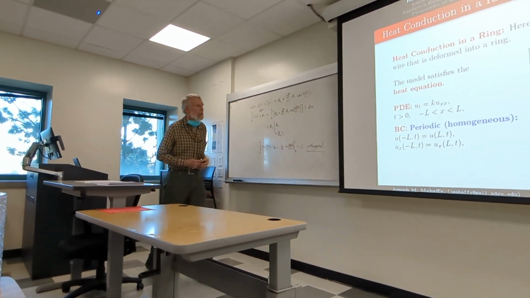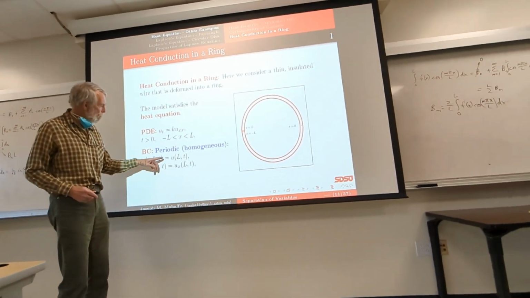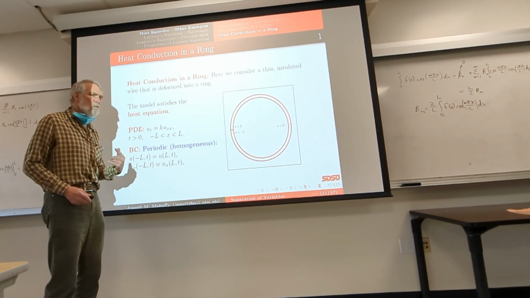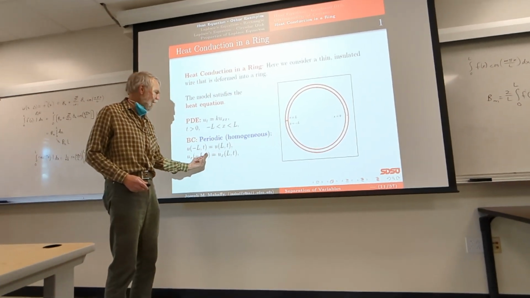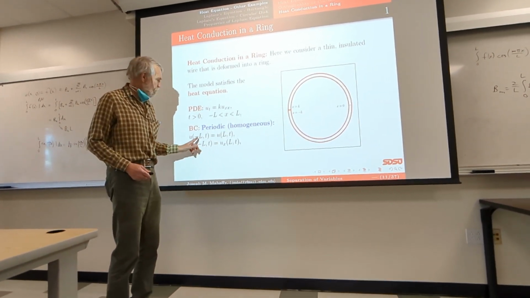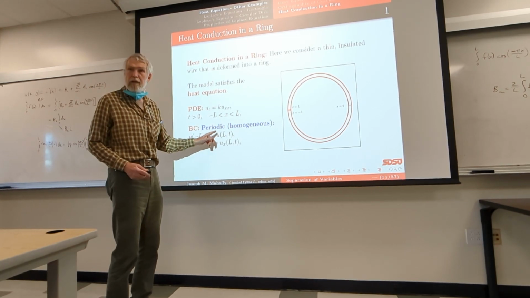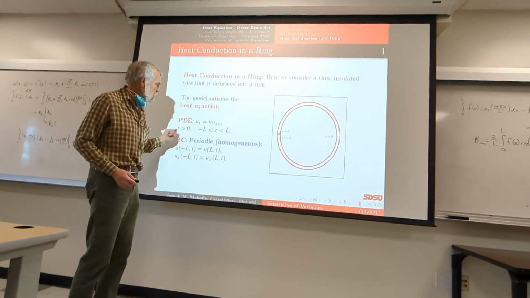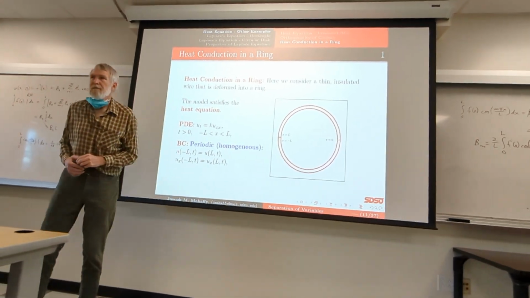And notice, if I were to just put a minus here and set that equal to 0, that's a homogeneous boundary condition. These are U appearing in a linear fashion, right?